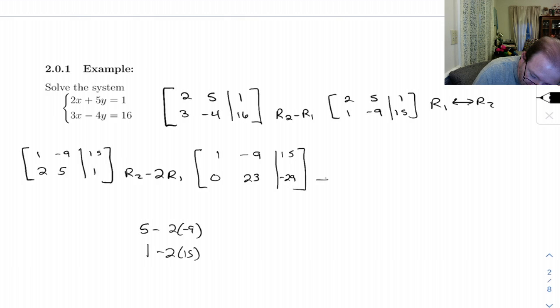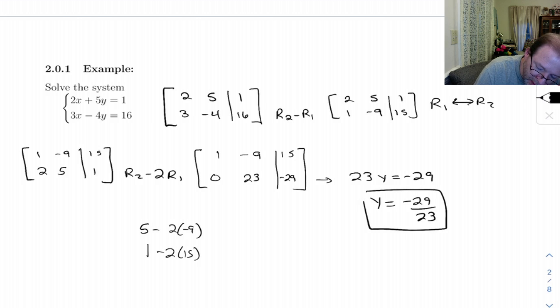This bottom row gives us 23y equals negative 29. So y is negative 29 over 23. And we'll plug back in on top to get x. We get x minus 9y equals 15.